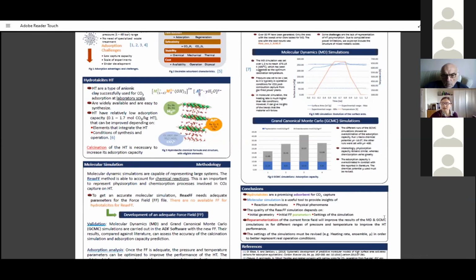Could you address that? Yeah, so what I understand is that the question is about what temperature I should regenerate the adsorbent at.